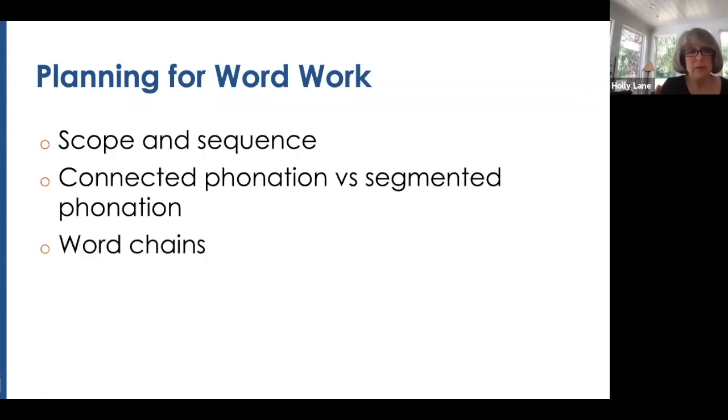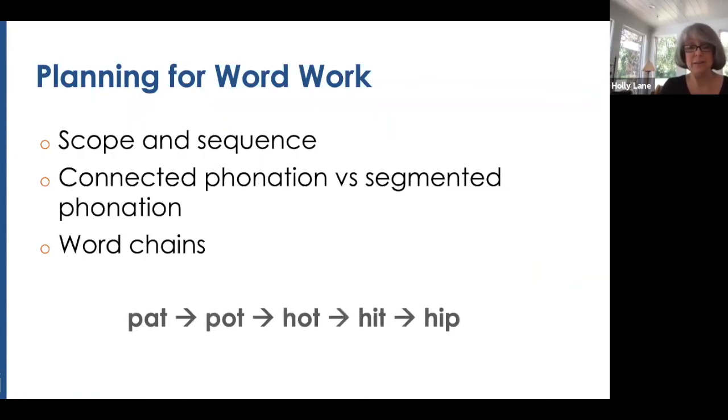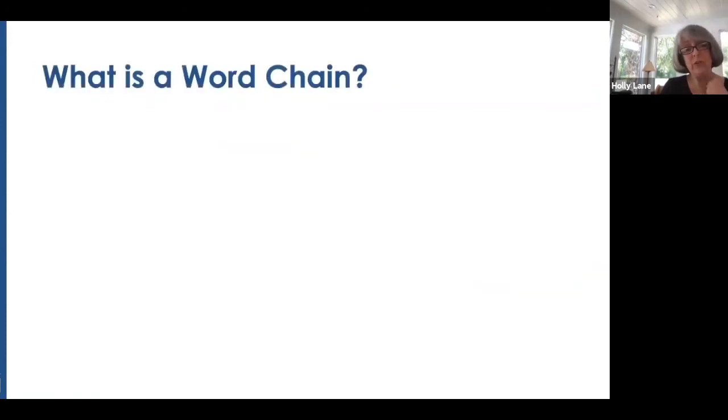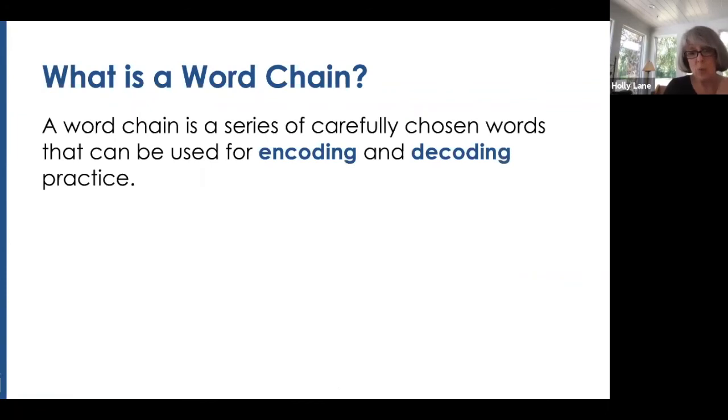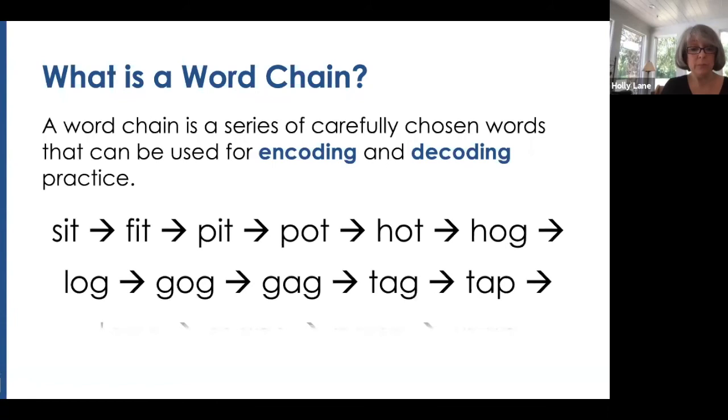In addition, we use word chains. You heard Valentina mention, she showed you some examples of word chains. And so I just want to take you through how we develop effective word chains and what makes a good word chain. So this is just the sequence of words that we're using in order to do practice with encoding and decoding skills.